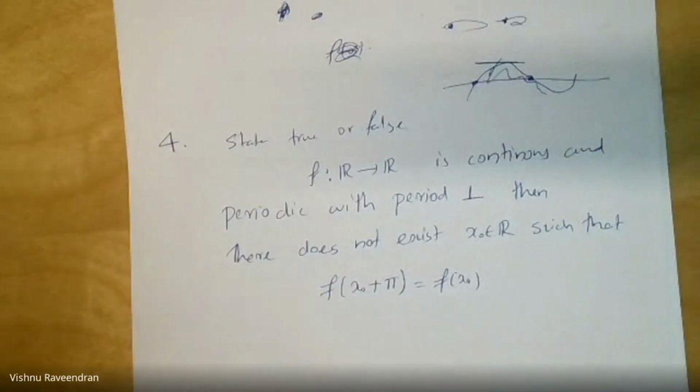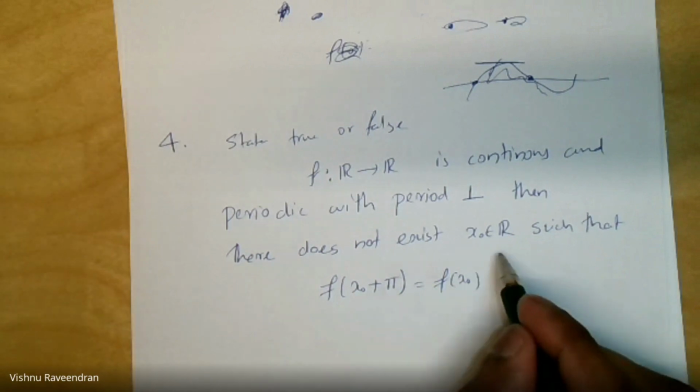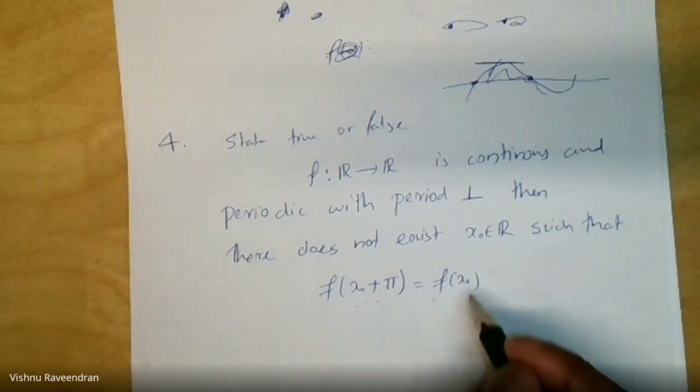So this is the question. You have a continuous periodic function which has period 1. Then the statement is that there does not exist a point x naught such that f of x naught plus pi equals f of x naught.